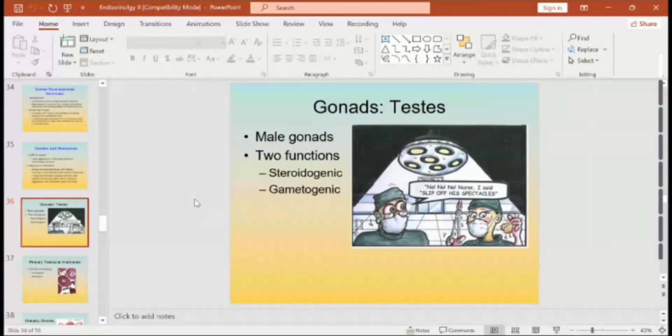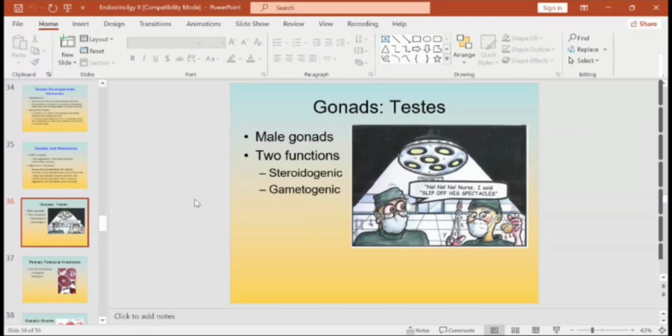So the gonads include both the male and female organs for secretion of hormones, and the male gonads are the testes, and they are two in number. We'll look into the details of them when we look at the male reproductive system. It has two effects, a steroidogenic effect and a gametogenic effect, meaning it produces both steroids, the male sex hormones, and the gamete, in this case the spermatozoa.